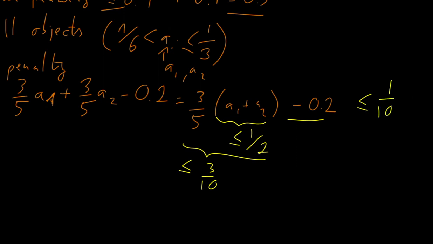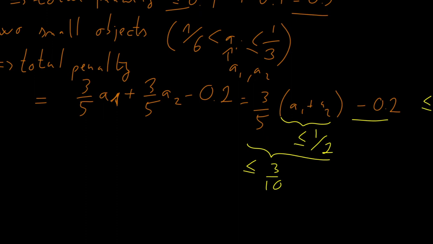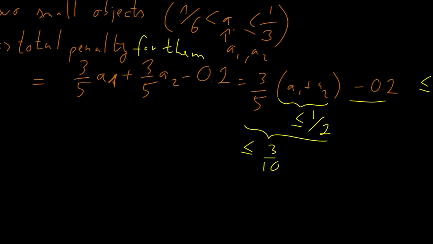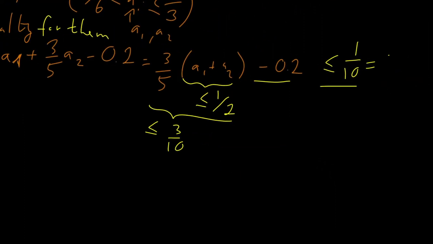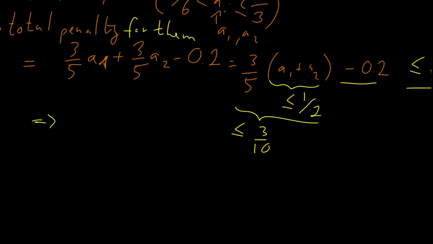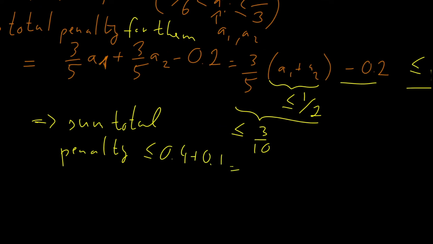So again the total penalty for these objects is at most 0.1, which again makes the total penalty at most 0.4 plus 0.1, which is again 0.5.